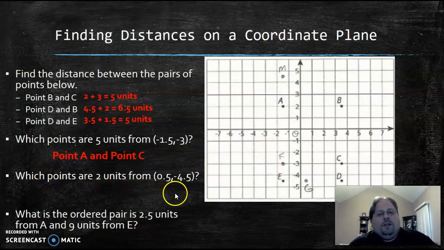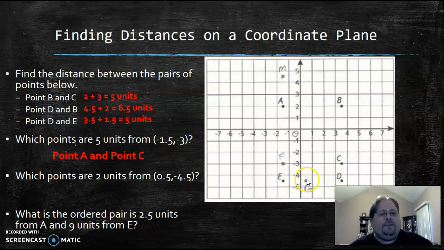Which points are 2 units from 0.5, negative 4.5? We go over to 0.5 and down to negative 4.5, and we get point G. Now, 2 units away, there's nothing above or below. If we go to the right 2 units, we would end up at 2.5, and there's nothing there.